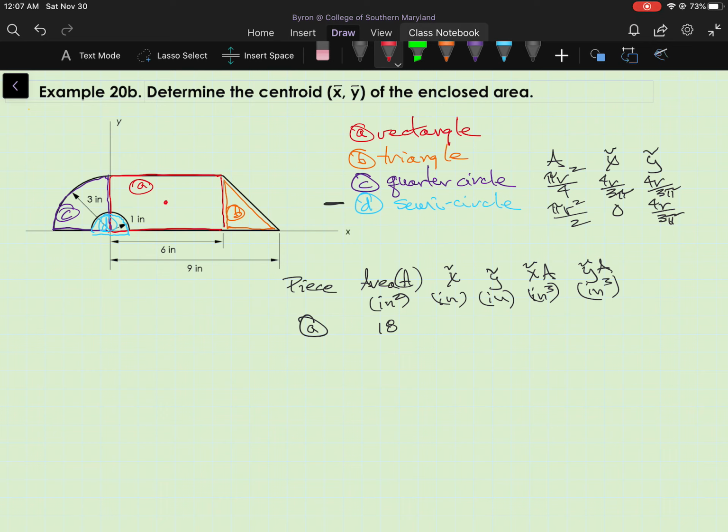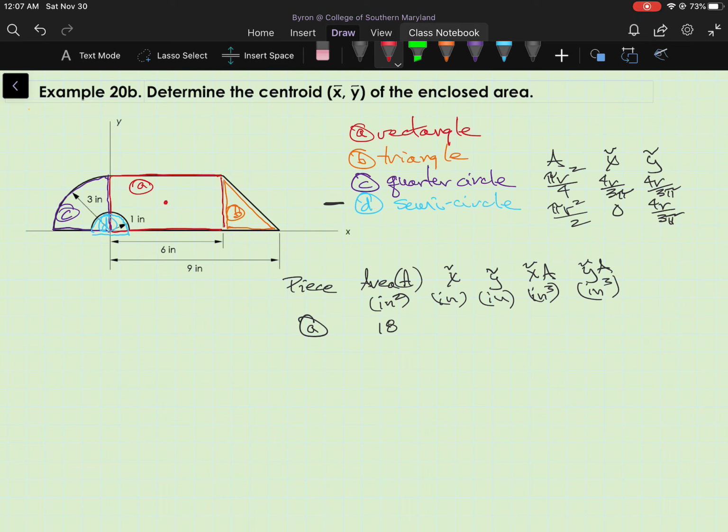Now, this one's going to be straightforward because the left side of the rectangle is right on the y-axis and the bottom of the rectangle is right on the x-axis. So I know that the x-coordinate of the centroid of a rectangle is half the base.